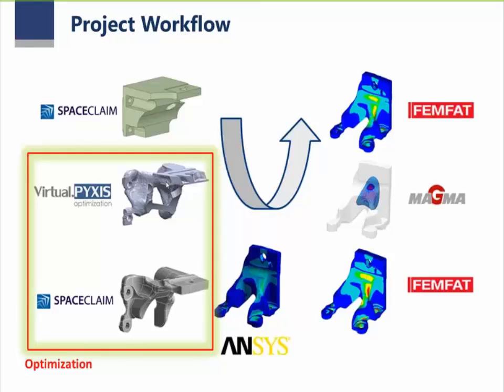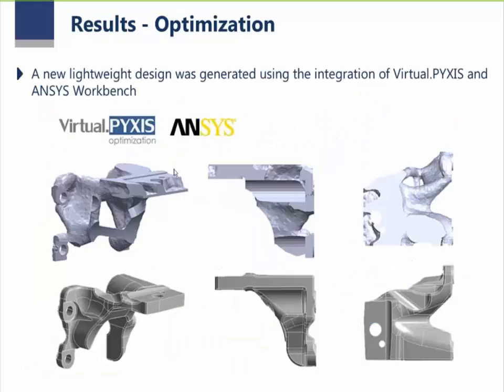And here, Virtual.PYXIS is running together inside Ansys Workbench to generate this new design. So here is the design which we obtained from Topology Optimization, and here is the CAD interpretation. You see the tendons were kept from this part to this.